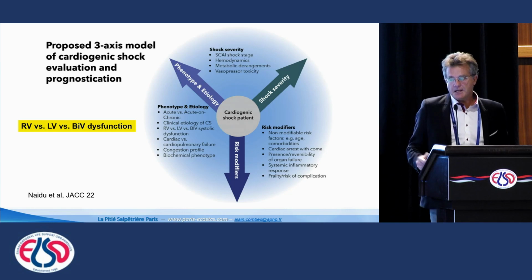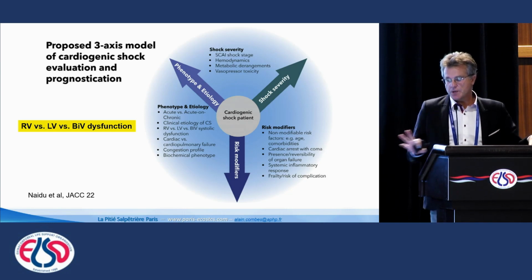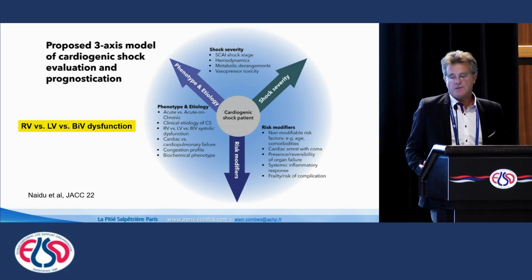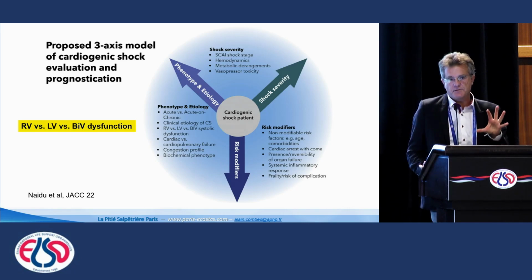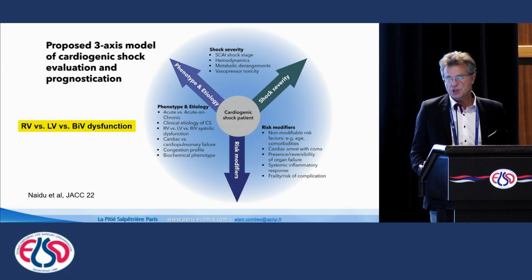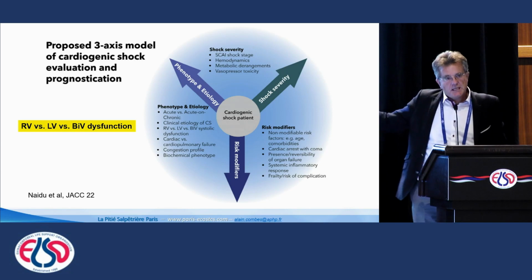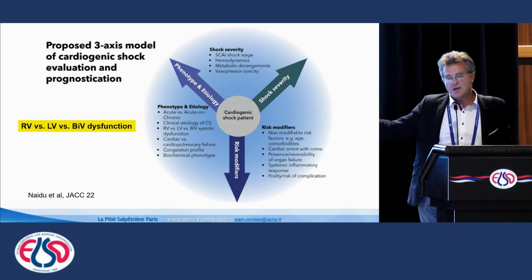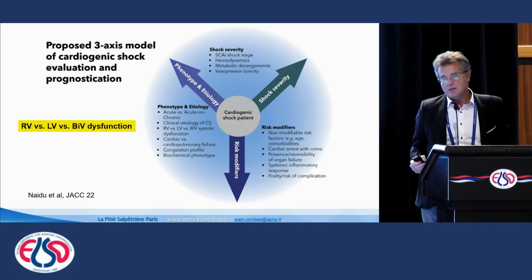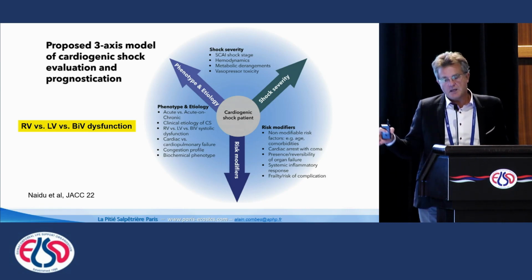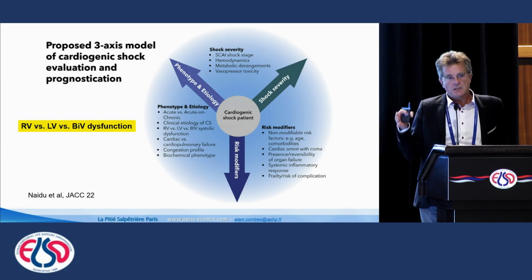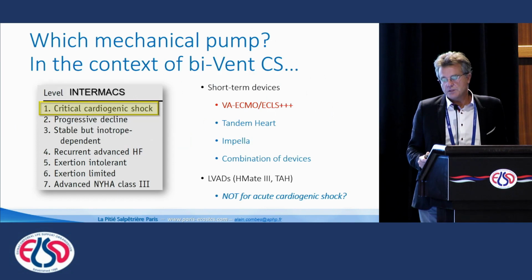And I like this algorithm showing that with this 3-axis model of cardiogenic shock, you can better define and stratify the evaluation and the prognostication of patients with cardiogenic shock. And within these risk modifiers, of course, as already shown before, RV versus LV and biventricular dysfunction is a strong modifier regarding the prognosis of these patients.